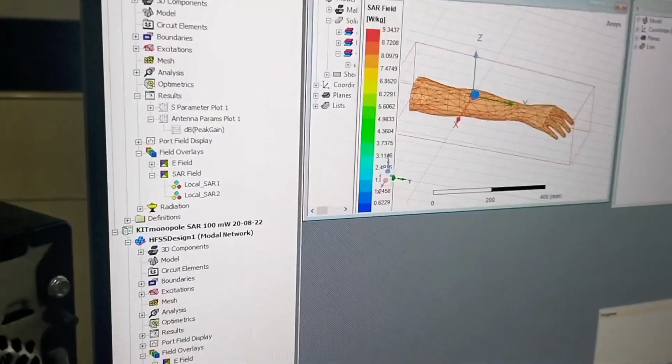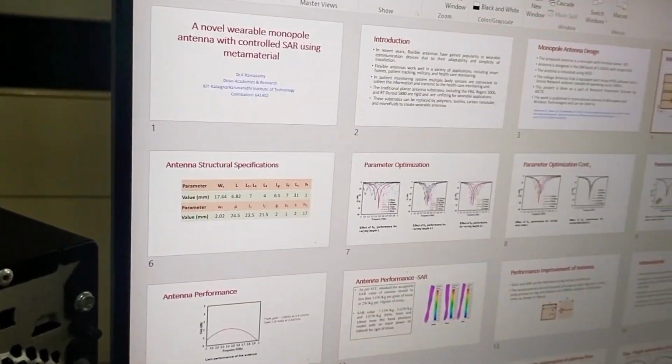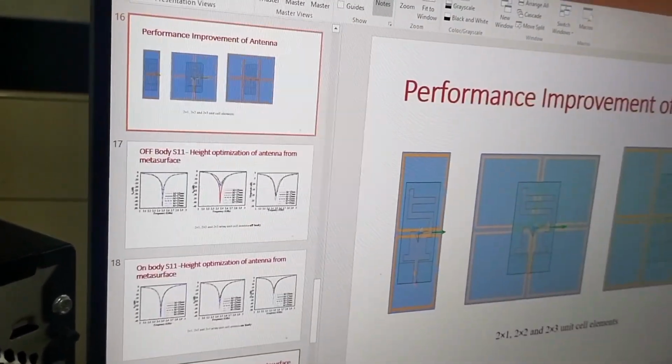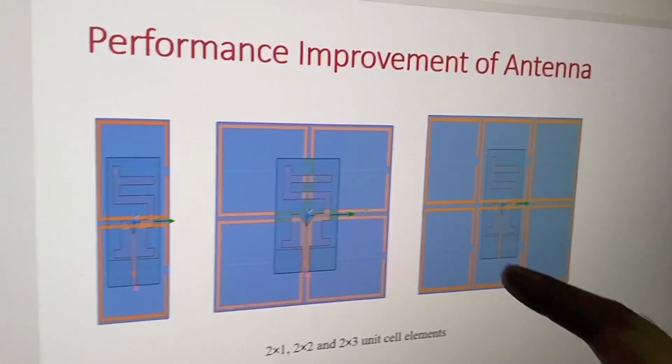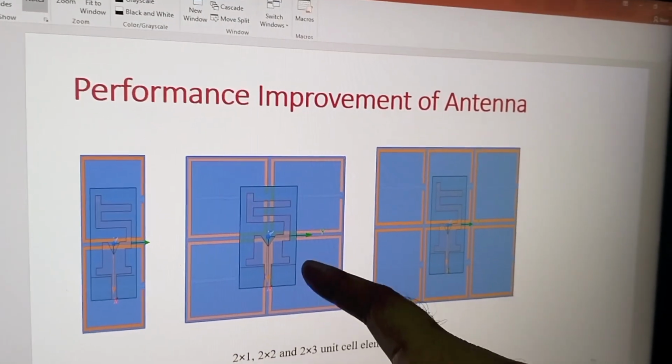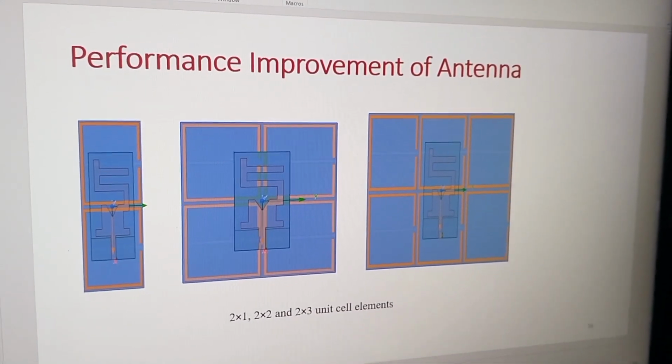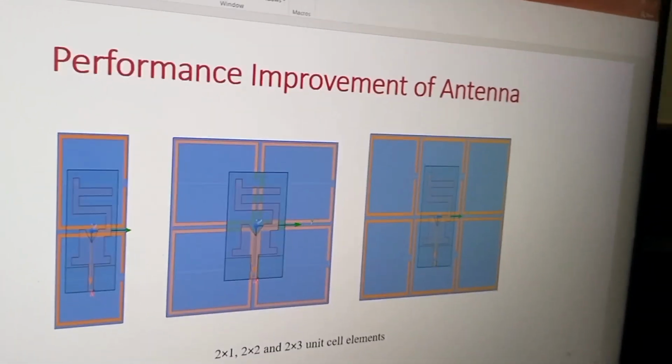Now your real antenna will have two layers. One is the bottom one, the metamaterial, and we have simulated three kinds of arrays: 2x1, 2x2 and 2x3. Since it is a wearable application, we need to go for miniaturization, and that's why we have selected the 2x2 metamaterial array. So your antenna system will have two layers.